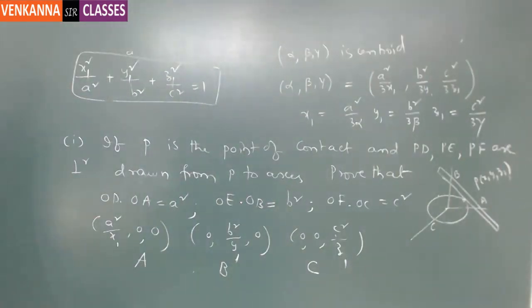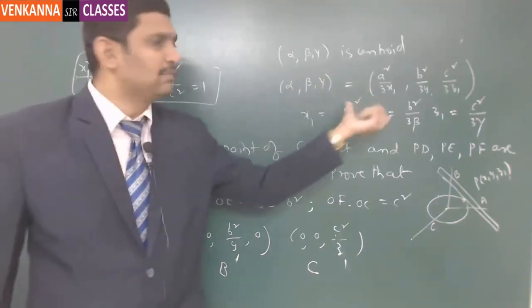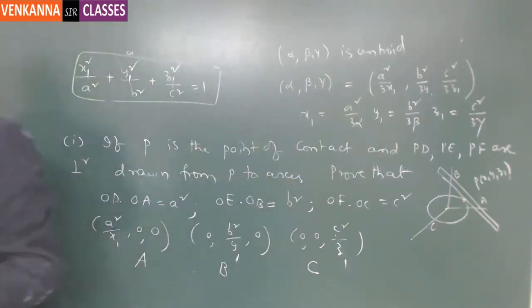Please check that. So for the vertices, I have applied the centroid formula, I have equated them, and I get the values of x1, y1, z1.